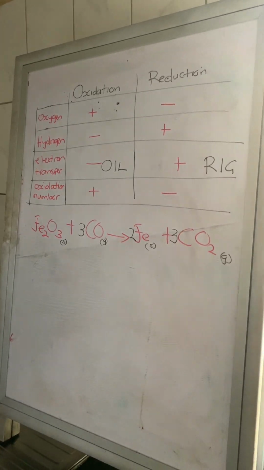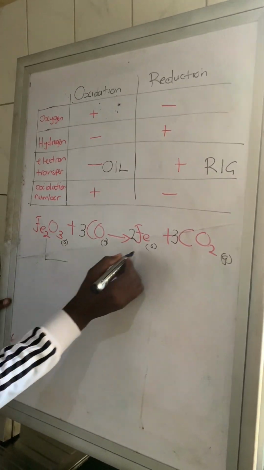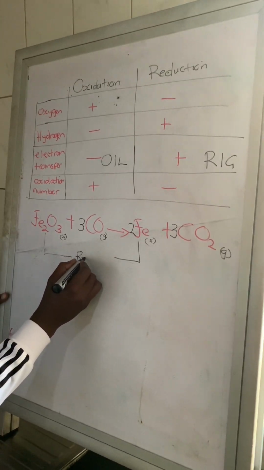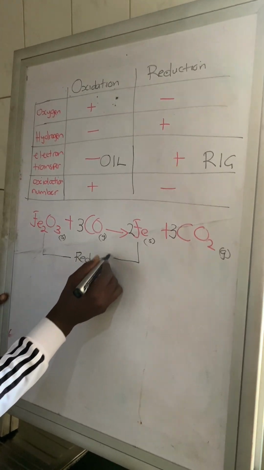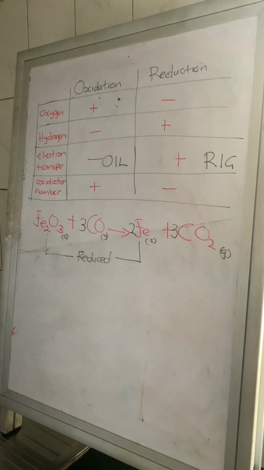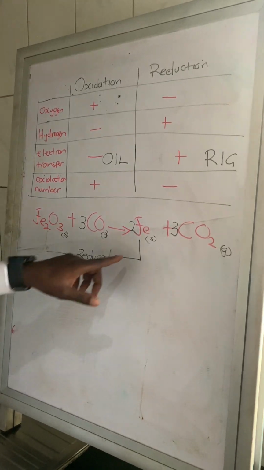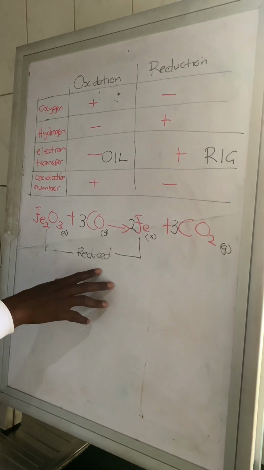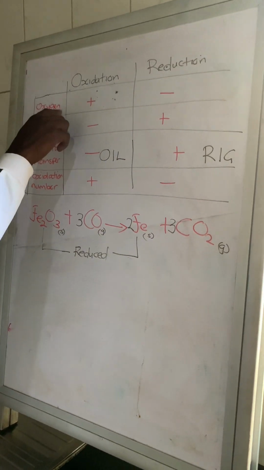It means iron has been reduced. Why? Because it lost oxygen. So iron(III) oxide is reduced to iron because of loss of oxygen. As you can see, loss of oxygen is reduction.